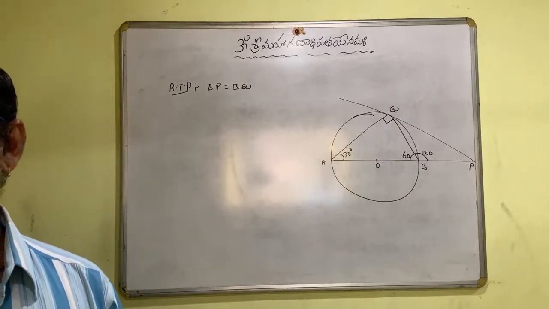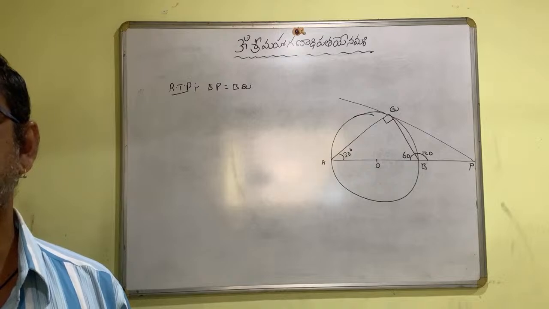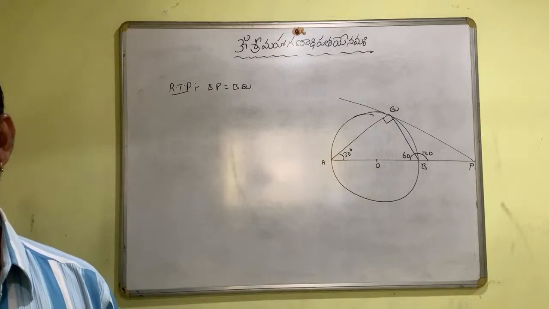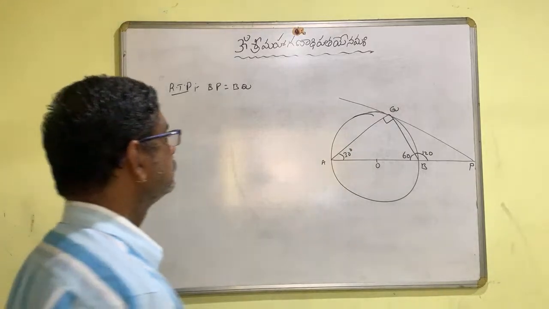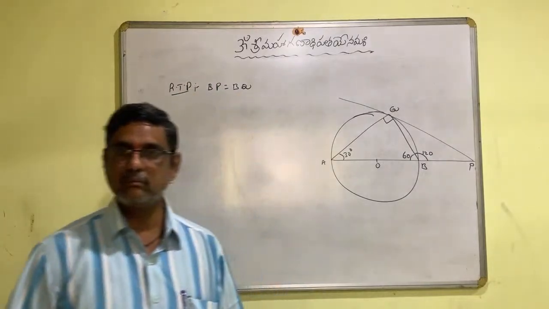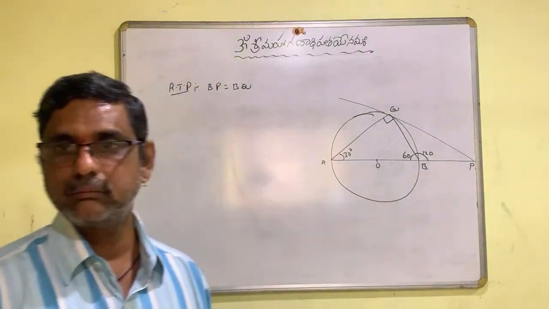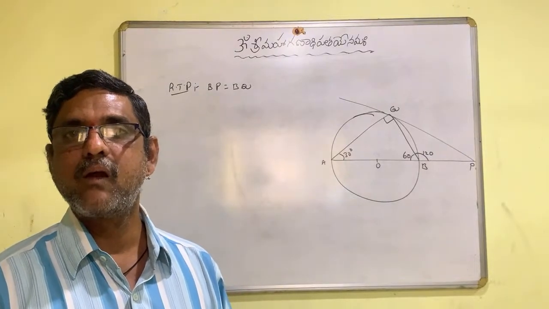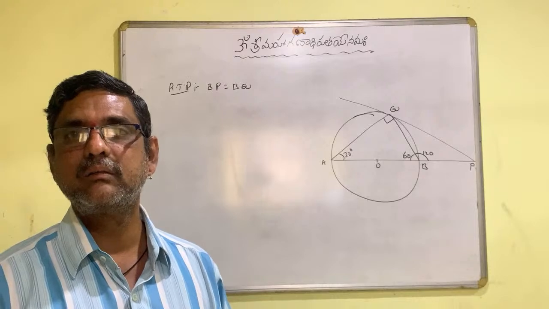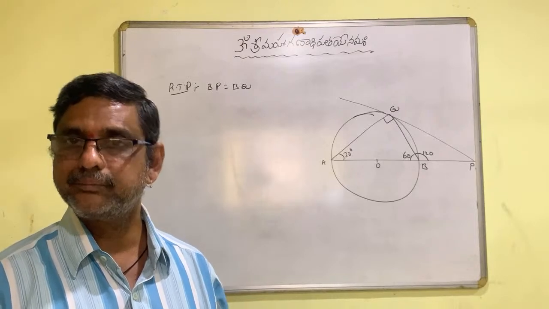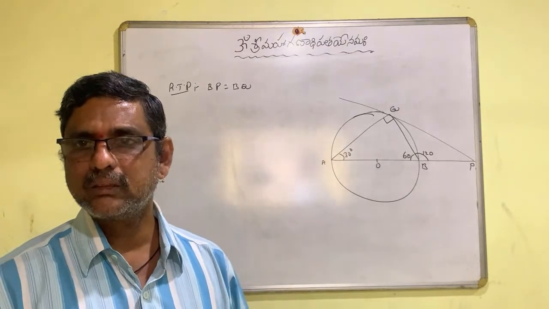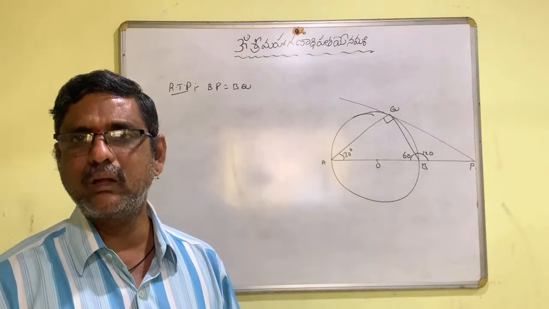We need to prove BP equal to BQ. And we got angle QBP is 120. So for that, what is enough to prove? Sir, angle BPQ equal to 30.